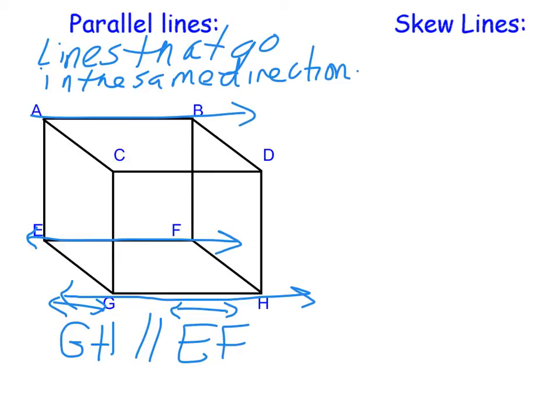They're going in the same direction. You could have GH is parallel to CD. You can also have vertical lines that are parallel. So let's go over here to red. You could have line CG is parallel to line BF. They're both going up and down. They're parallel to each other.